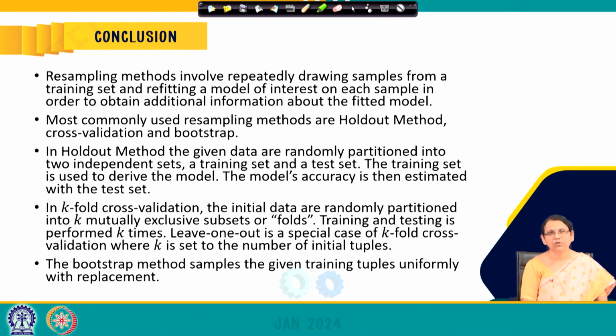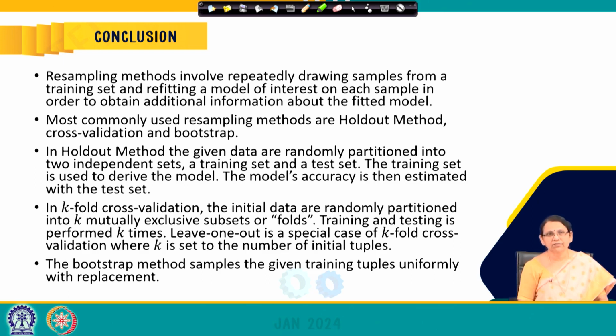In the case of k-fold cross validation, we partition the data into k mutually exclusive subsets or folds. One of these folds is kept out as the test set and the training set is made using the remaining k minus 1. To find the overall accuracy, you sum the individual ones and divide by k.